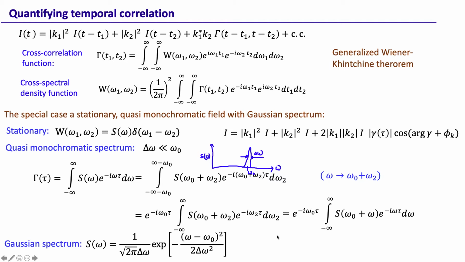Now, the next is that it is a Gaussian spectrum. Let us assume this is the normalized Gaussian spectrum, where the spectral density S omega has this form and delta omega is its width. If we use this integral for calculating gamma tau, we have this form for gamma tau, where tau c is just 1 over delta omega. This is just one example of a spectrum which is quasi-monochromatic as well as Gaussian, and in that case we see that the autocorrelation function has this nice form.